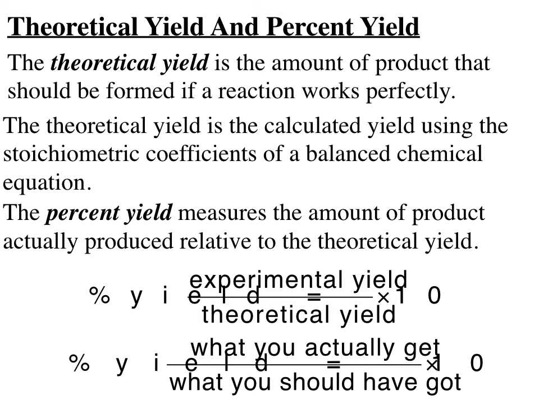Now notice, the units of the experimental yield and theoretical yield should be the same. They can be measured in grams, pounds, kilograms, but they must be measured in the same mass unit in order for those mass units to cancel. There's technically no real units in a percent yield other than a percent sign. Technically, you could measure the experimental yield and theoretical yield in moles.